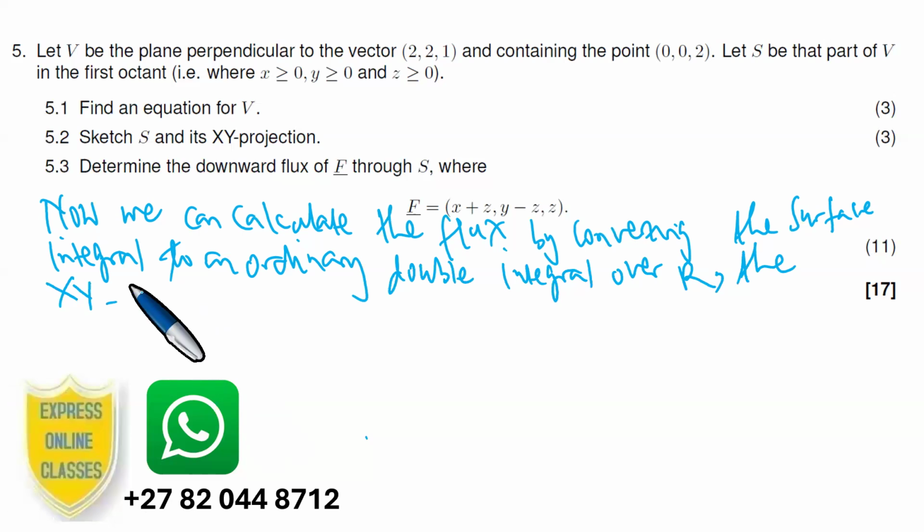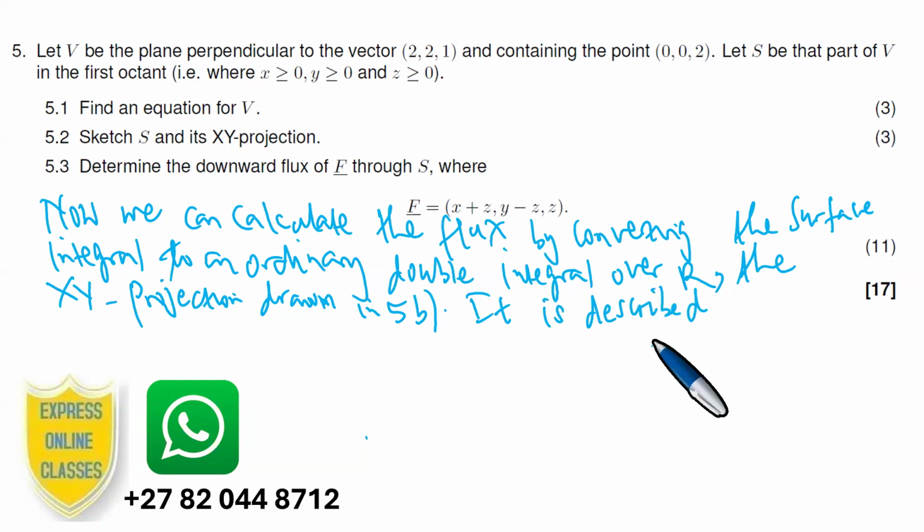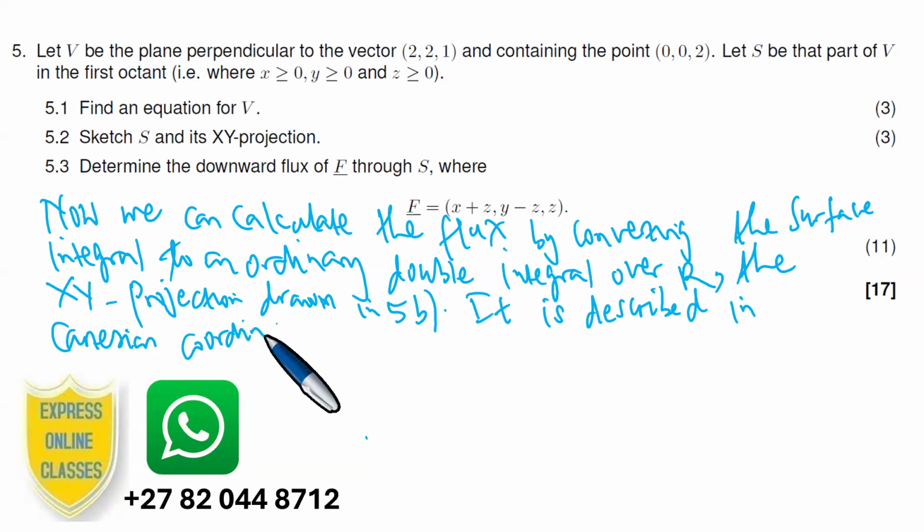The XY projection drawn in 5b is described in Cartesian coordinates as follows.